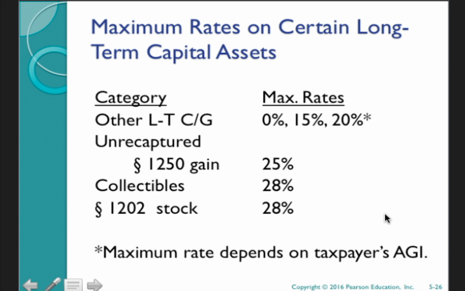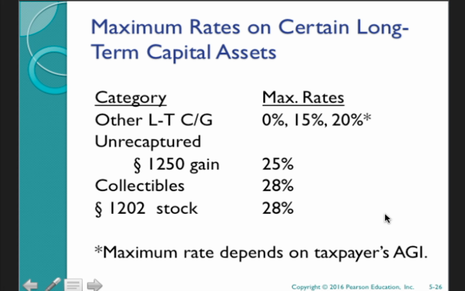This slide gives you some help in understanding why this could be viewed as a policy decision to encourage investment, because in general, long-term capital gains are taxed at either the 0%, 15%, or 20% tax rates. And you fit into one of those three categories based on what your AGI is. So for people with a lower AGI, 0%, for people with a middle range AGI, 15%, and for people in the highest brackets, 20%.